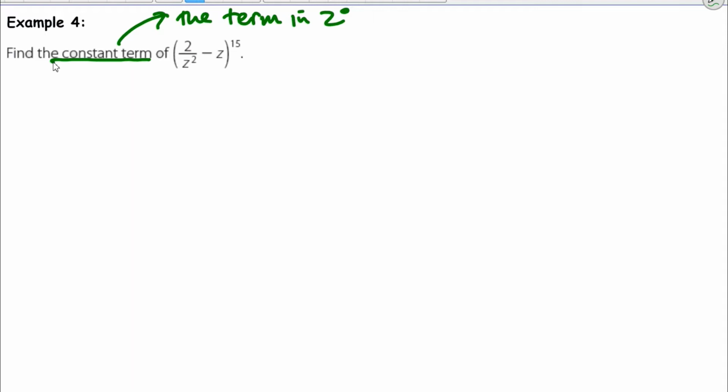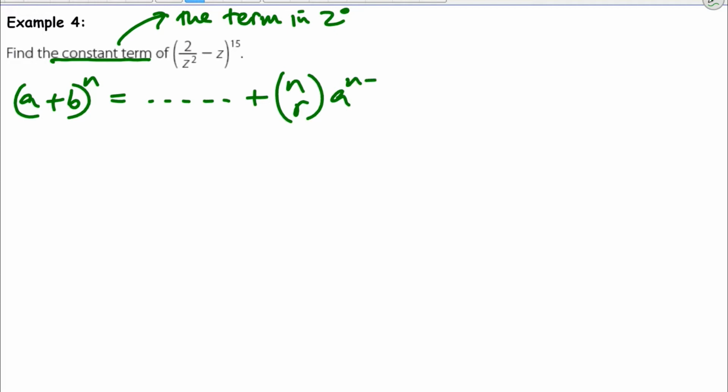So the first step is to write down the binomial theorem, which goes like this: (a + b)^n is equal to whatever comes first plus the general term in that expansion, given by this formula, plus whatever comes next. By inspection from the question, a is equal to 2/z², b is equal to negative z, and n is equal to 15.